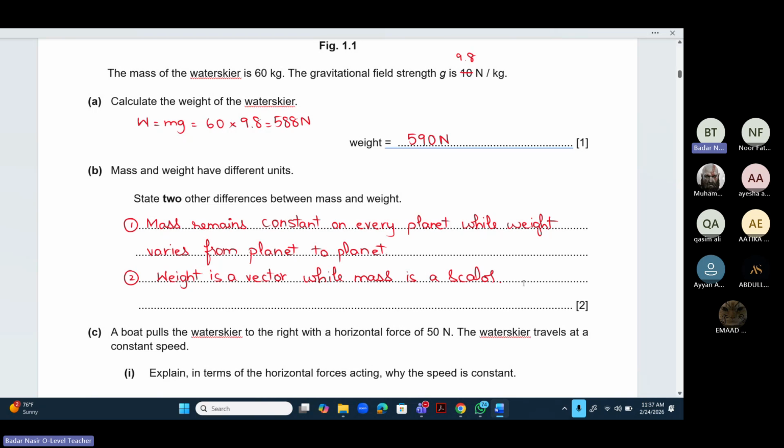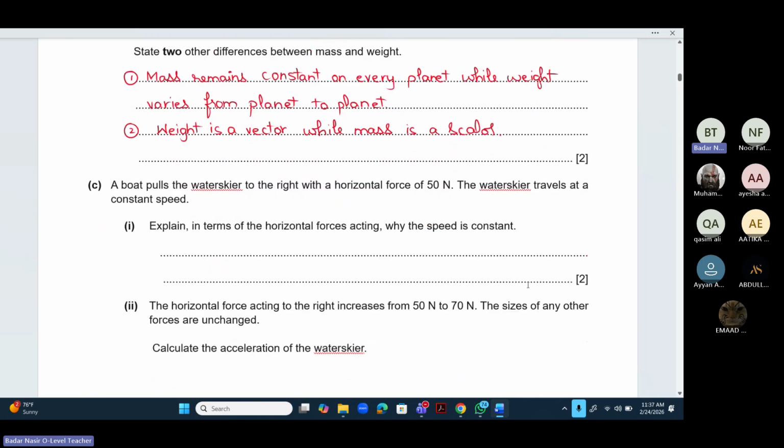He's just asking for 2 points, so these 2 points are enough. Now, a boat pulls the water skier to the right with a horizontal force of 50 Newton. The water skier travels at a constant speed. Explain in terms of the horizontal forces acting why the speed is constant.